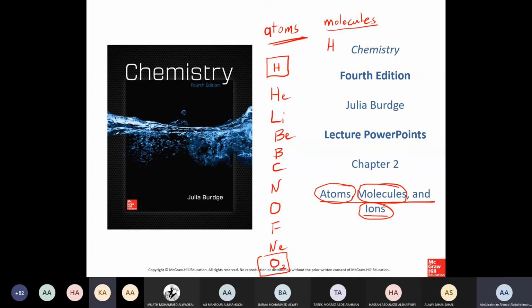H2O. CO2, not CO3. CH4. NO2. N2O5. NH3. HCl. What's the property of the molecules? It's two or more atoms.